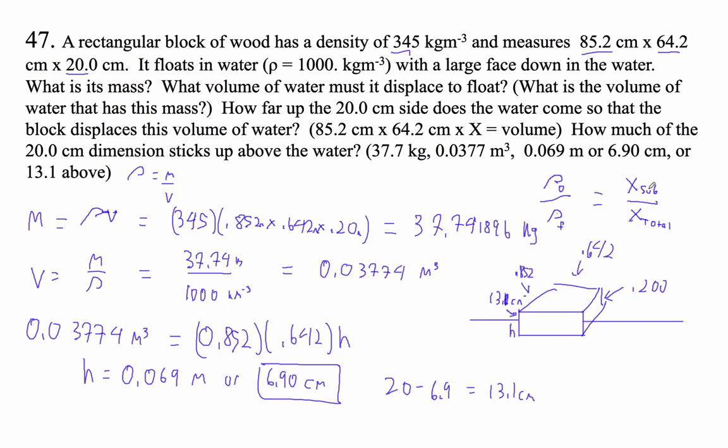Let's just try this. Literally for this, try 345 over 1,000 equals x over 20 centimeters. Just try that. So 345 times 20 divided by 1,000. Holy cow, x is 6.9, right?